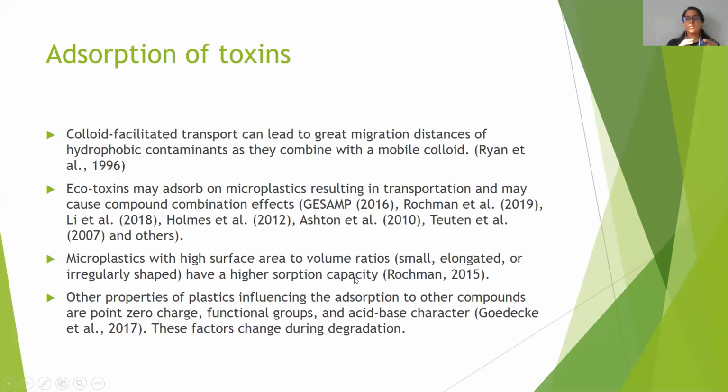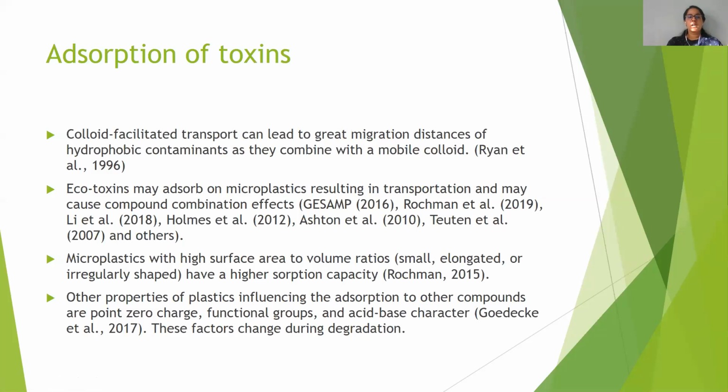So I showed you the diagram where you have a particle of 1 centimeter surface area, but if that particle breaks down, the surface area becomes bigger, and the more it breaks down, the bigger the surface area becomes. So if it has a bigger surface area, there's more area for the toxin to adsorb to.